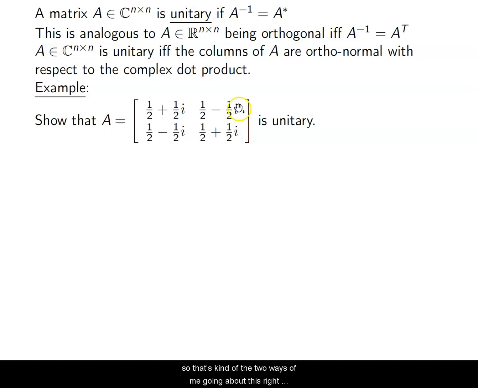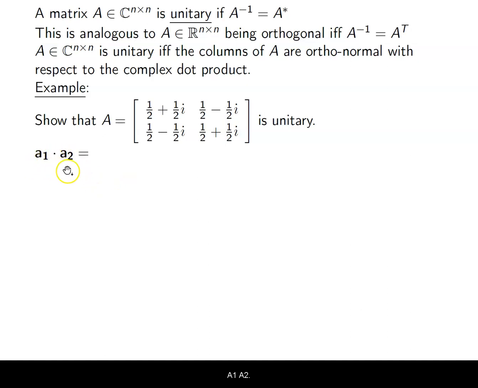So those are the two ways of going about this: one, find A star, then also find A inverse and show that they're the same. Or I can verify that each vector is normal, a length of 1, and that these two vectors are orthogonal to each other. Okay, so let's go ahead and do that one, because I feel maybe it's a little bit less work. Maybe it's the same amount of work, doesn't matter.